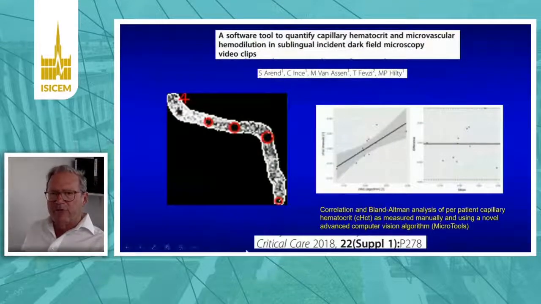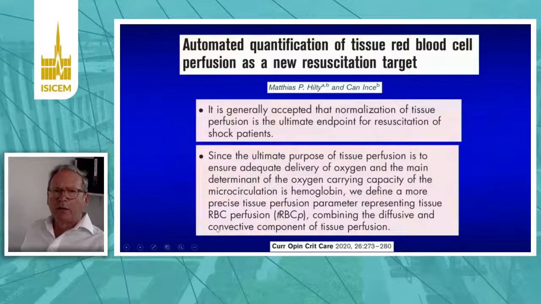And we were able to develop the MicroTools in more detail and make an algorithm which allowed the calculation of the capillary hematocrit in each individual vessel. So this made us think more and more about what it is that we exactly want to do when we describe a parameter which improves upon resuscitation.